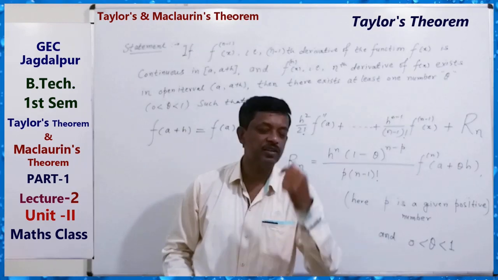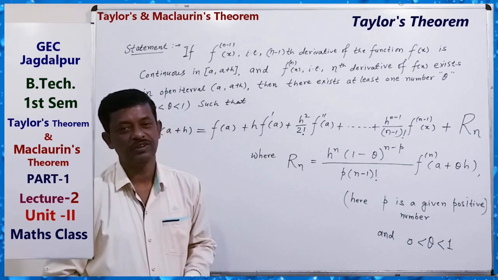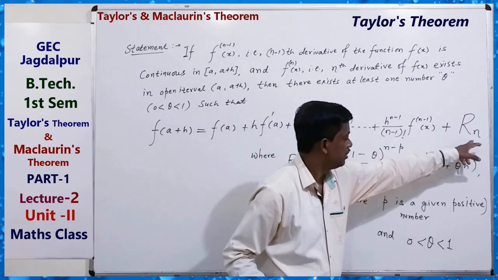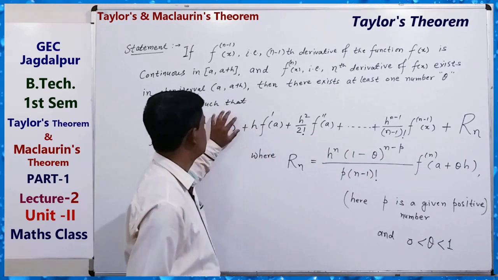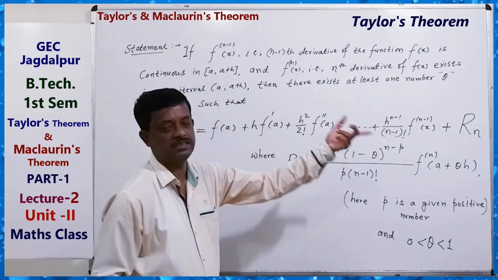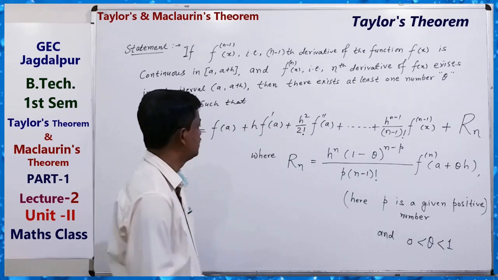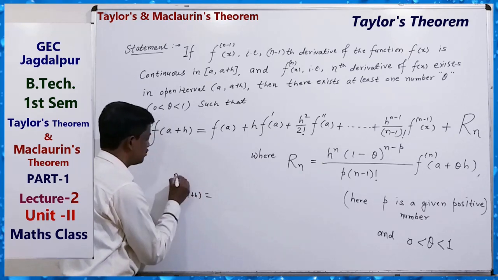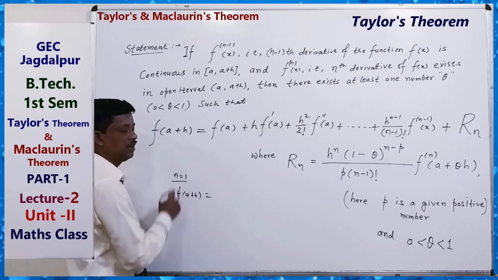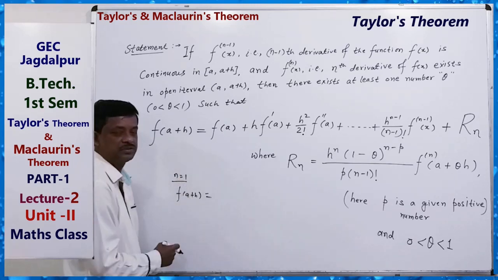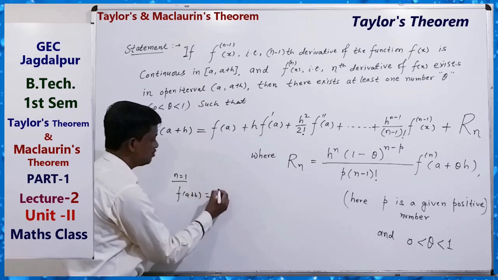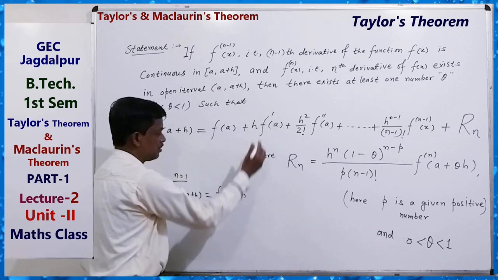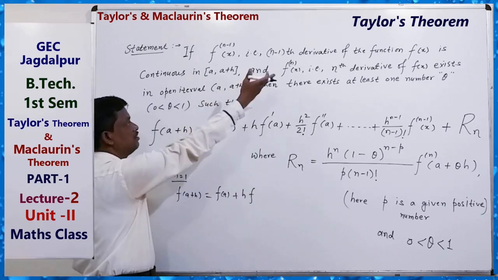If we take n equals 1, then we get Lagrange's mean value theorem. Just you can see, for n equals 1 there is only the first term, and f dash a plus theta h. So f(a+h) equals f(a) plus h f'(a + theta h). n equals 1 means only the first derivative exists.